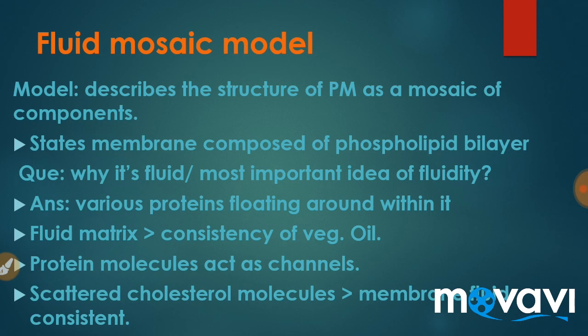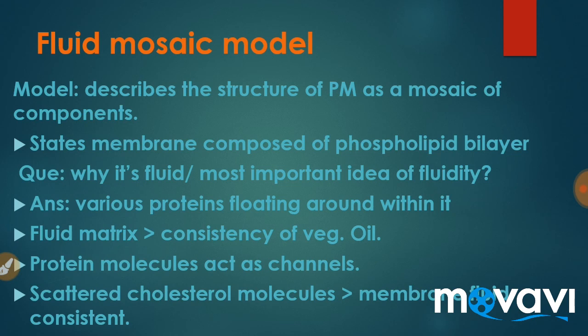These proteins are actually floating around within this double layer, or in other words, some parts of the membrane, not all, that is, these proteins and other components, can move around freely if they are not attached to other parts of the cell.